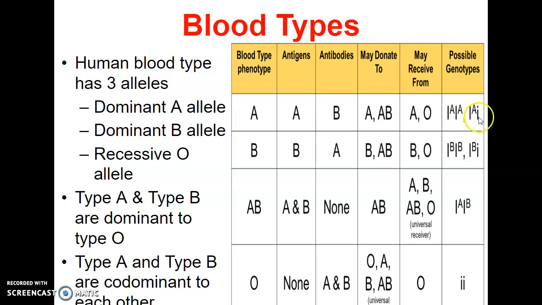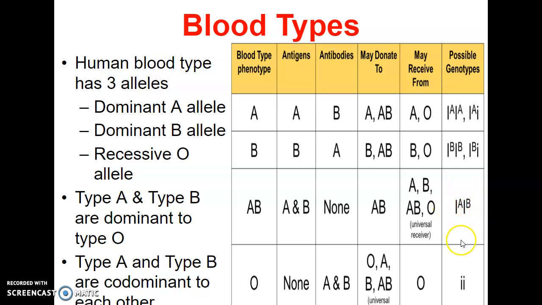And heterozygous blood type A would be I capital A, lowercase i. Blood type B homozygous would be IB, IB, and heterozygous would be IB little i. Like we just talked about, blood type AB is codominant, so it would be IA, IB, and it's always written that way.